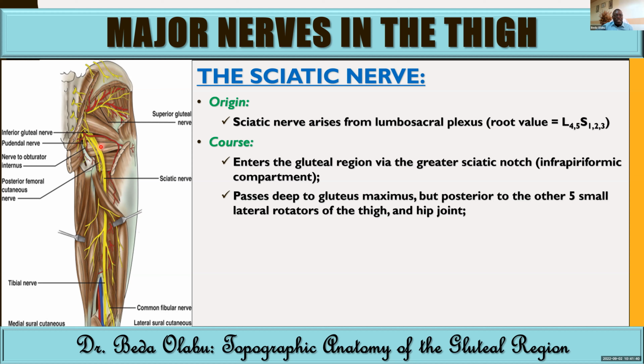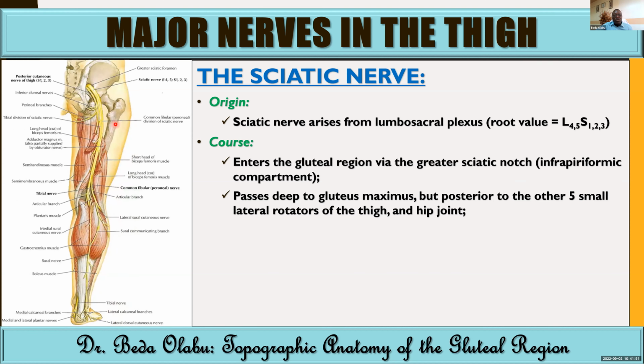So it passes posterior to the gemelli, the obturator internus, quadratus femoris, and obturator externus. It also passes posterior to the hip joint, as you can see in this particular image. The nerve is behind the hip joint.